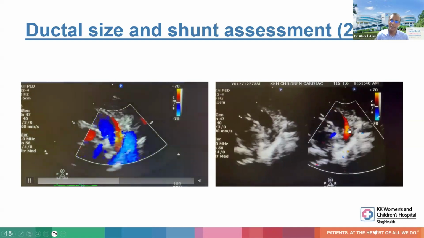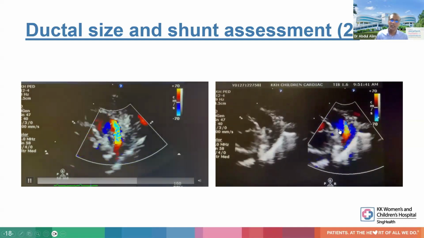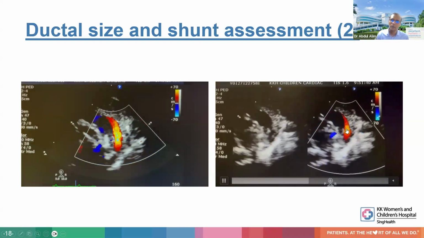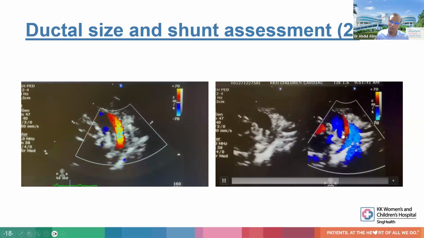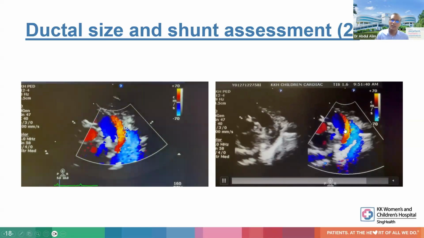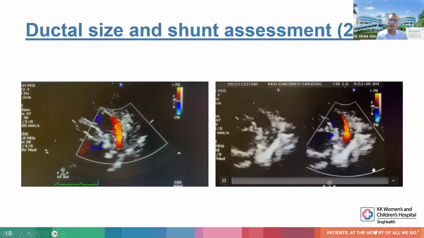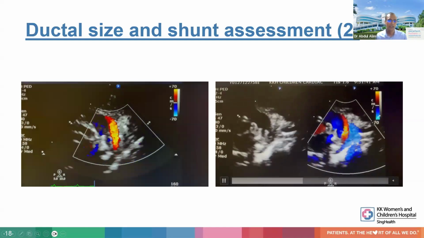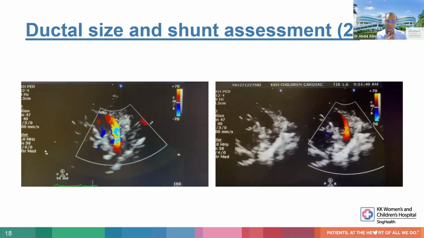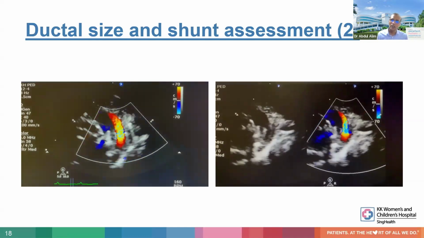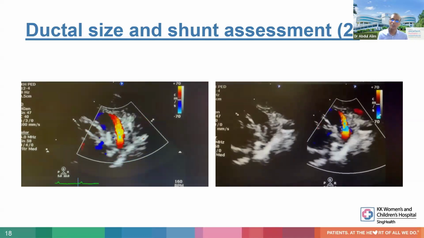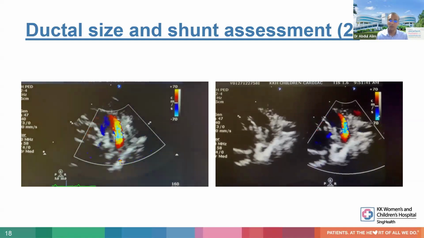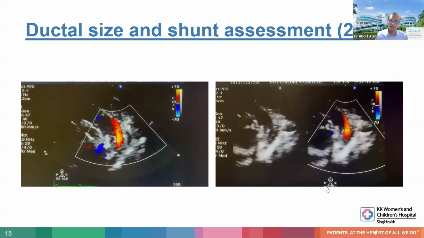Here it is slightly narrower at the pulmonary end, and you can see some turbulence, what we call aliasing, starting at the pulmonary end, which means there is some restriction, a slight narrowing at the pulmonary end. So just by eyeballing, we can get a lot of useful information about the PDA: whether there is a low velocity or high velocity shunt, whether there is any restriction to the shunt flow, and approximately how significant that shunt is.